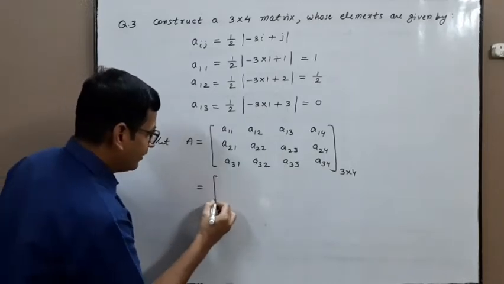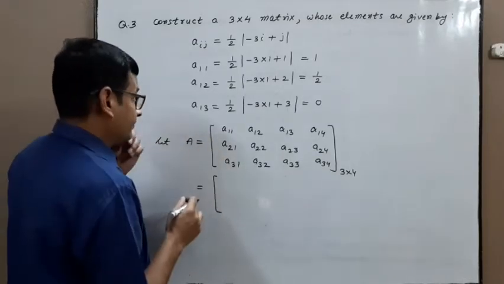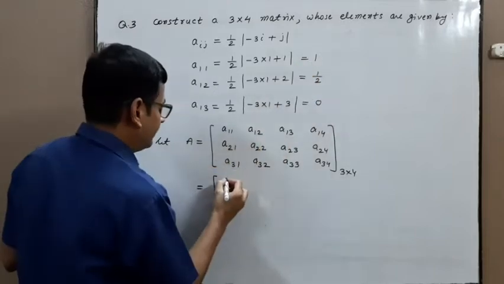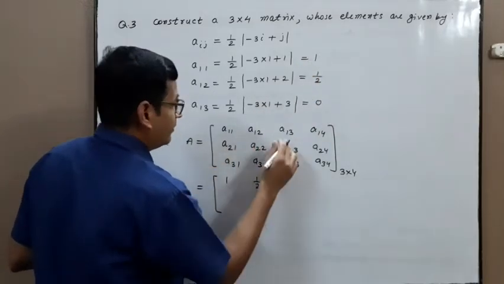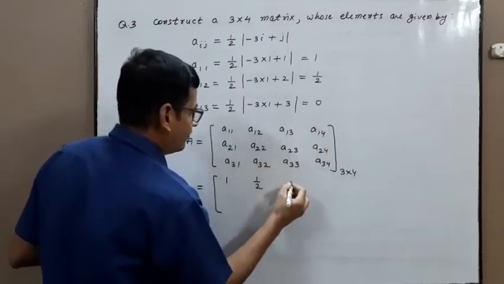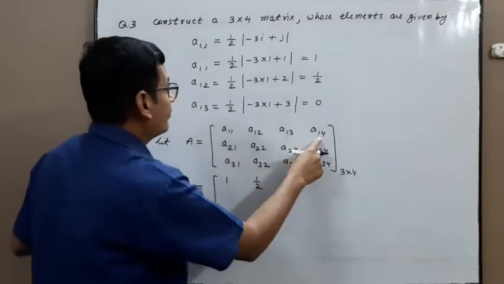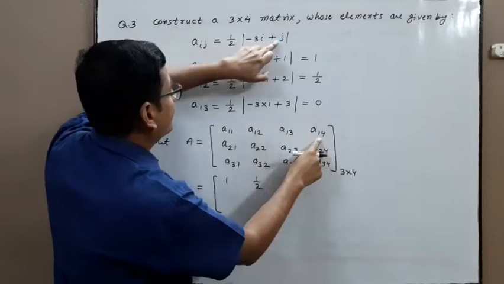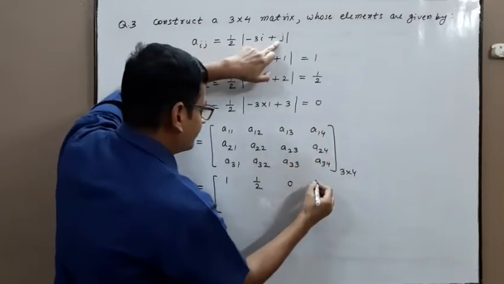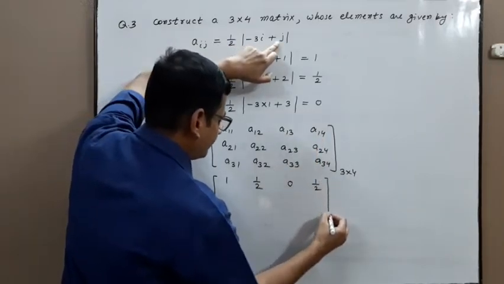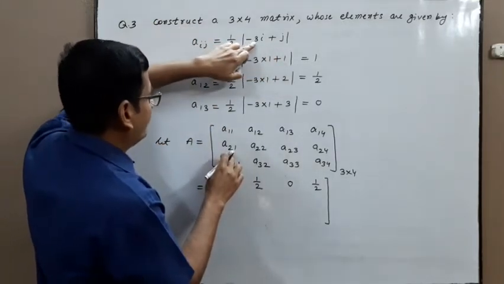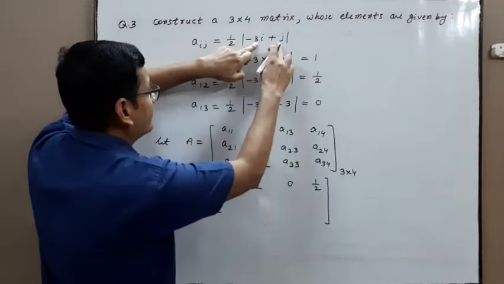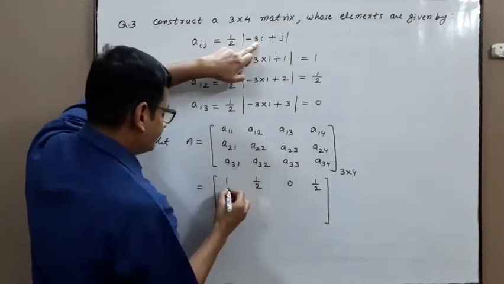Now put the value of each element. A11 is 1, A12 is 1 by 2, A13 is 0, A14 is minus 3 plus 4, so 1 by 2. A21: now put 2 minus 3 into 2 minus 6 plus 1, 5 by 2.